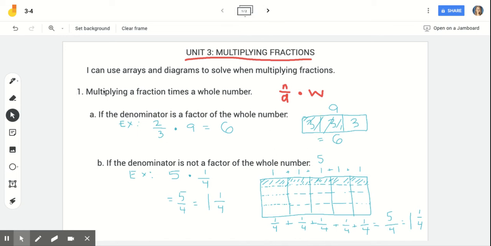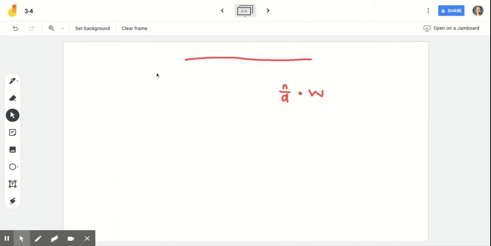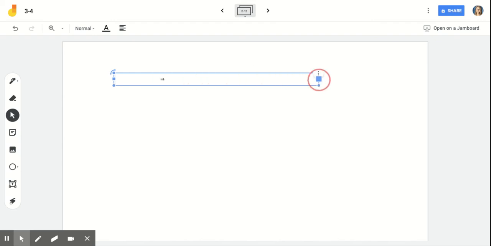What happens when we multiply a fraction times a fraction is what we're going to be dealing with right now. So our second scenario is multiplying a fraction times a fraction.